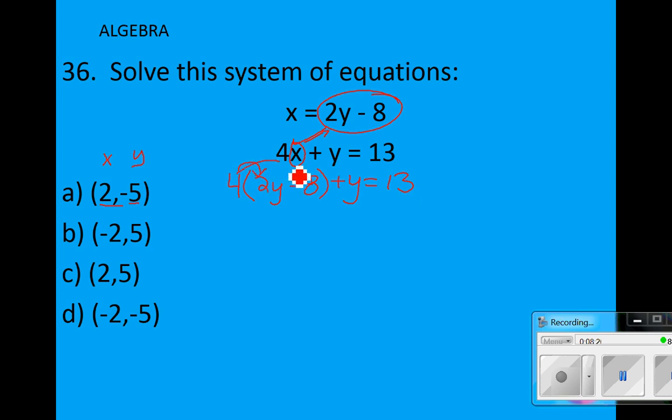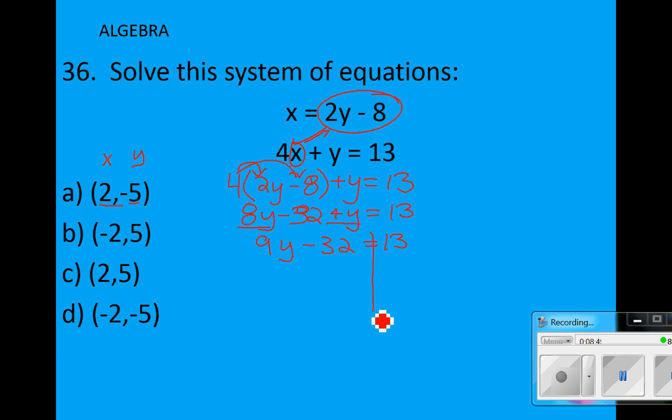Then I distribute: 8y minus 32 plus y equals 13. I can combine 8y plus y, and that gives me 9y minus 32 equals 13.